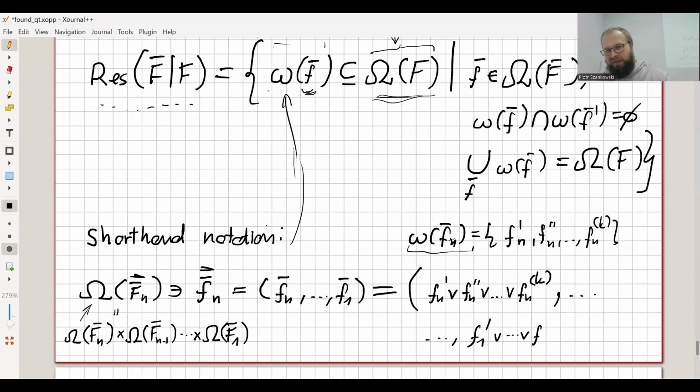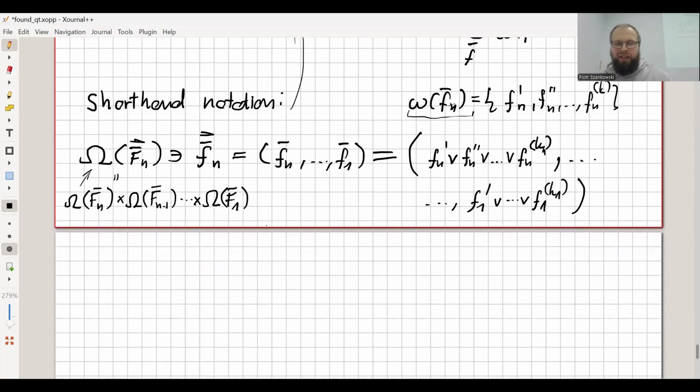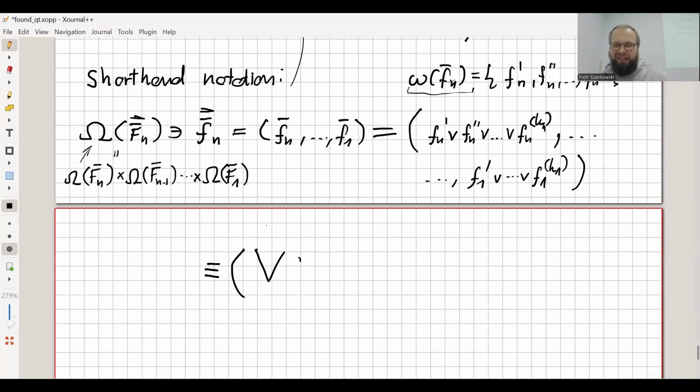V F Kn F1 some K1. Okay. To make it even shorter, I will also use big V notation. So Vn over Fn. Sometimes I will write it like this, F1, right?